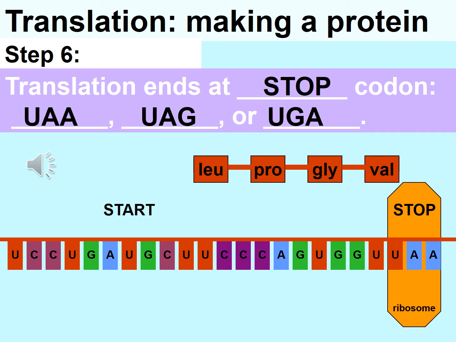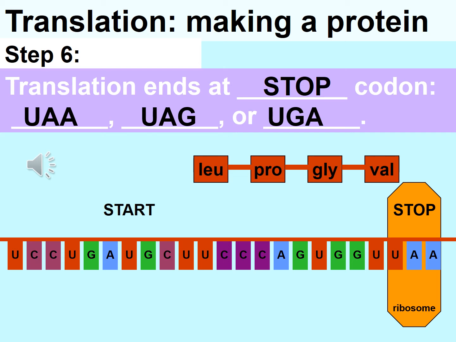Finally, step 6. The ribosome continues on reading, and it basically starts translating the next codon, which is UAA. Well, UAA is one of the 3 kinds of stop codons. And stop codons are UAA, UAG, and UGA.